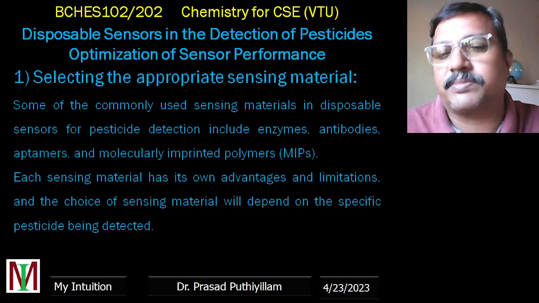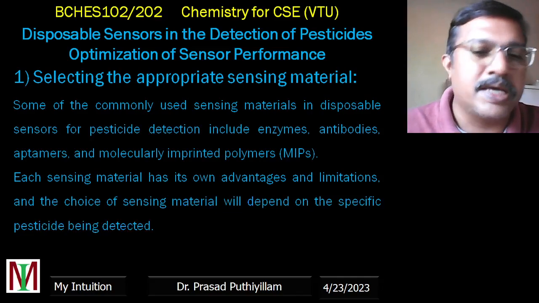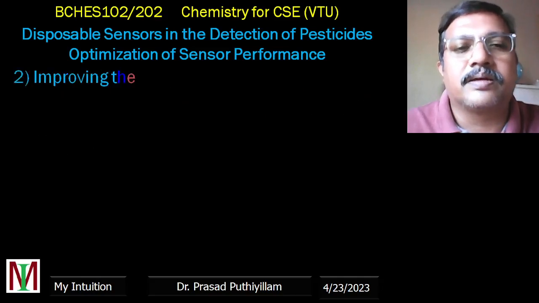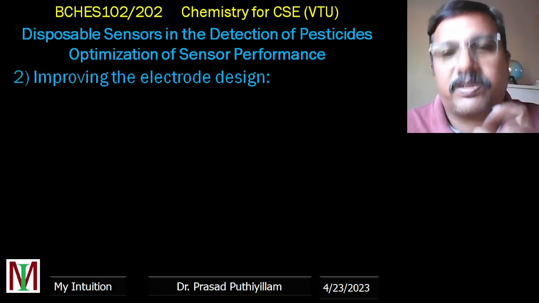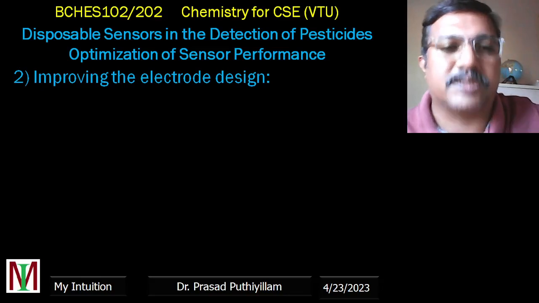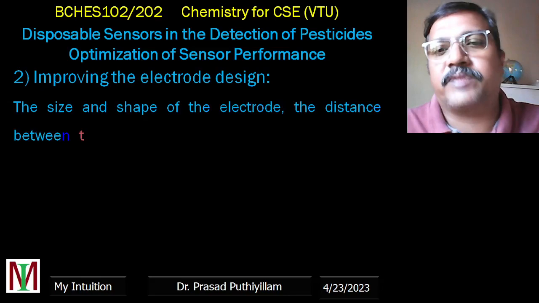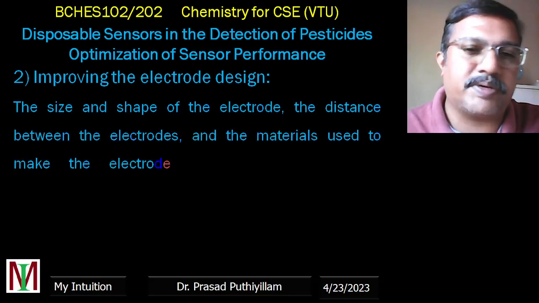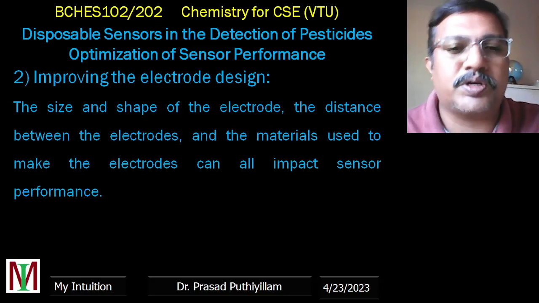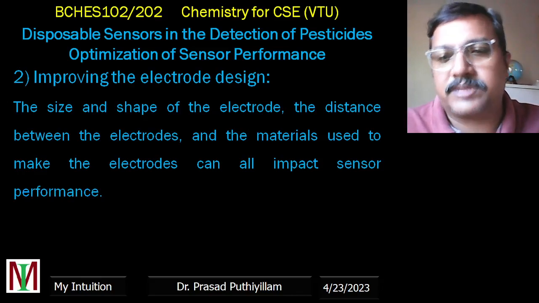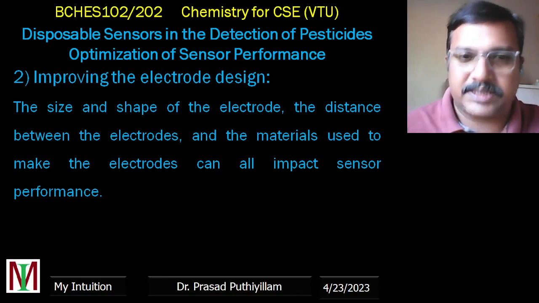Therefore, the choice of sensing material should depend upon the specific pesticide which has to be detected. That means for different pesticides we should have different types of disposable sensors. Improving the electrode design: the size and shape of the electrode, the distance between the electrodes and the materials used to make the electrodes are all very important towards the performance of the sensor.